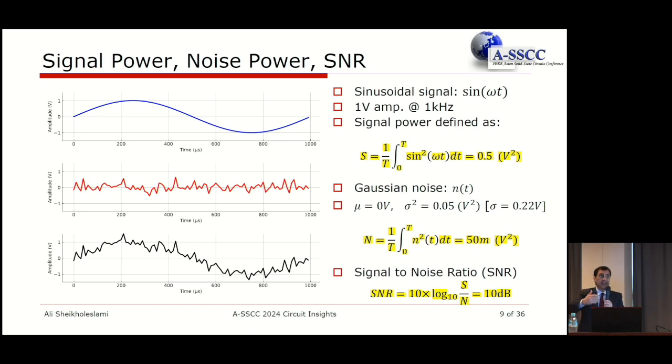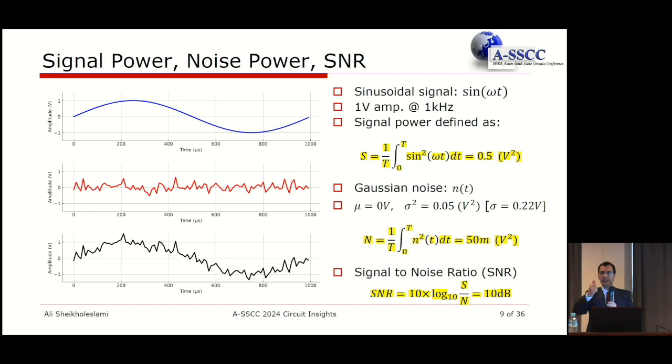The higher the SNR, the better the quality of the signal, which means noise is less important for us. Instead of defining signal to noise ratio just as S over N, we tend to take the log of this because we're going to deal with a huge dynamic range. Once we take a log, we can bring it to a level that we could easily communicate. For example, in this case, we said that the signal power was 10 times the noise power.